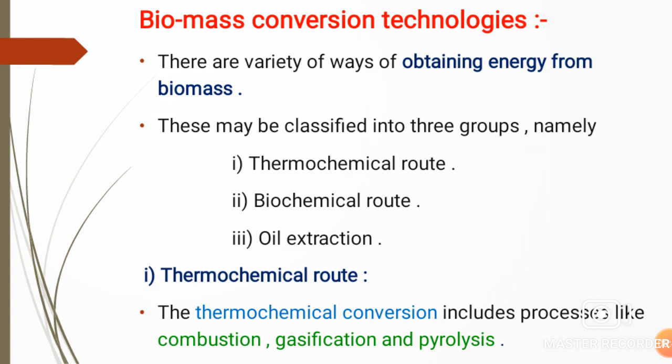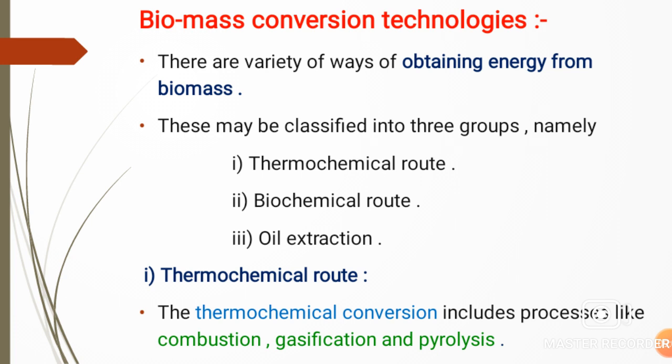There are a variety of ways of obtaining energy from the biomass. These may be classified into three groups, namely first is the thermochemical route, second is the biochemical route, third is the oil extraction. With the help of these we can convert biomass into a suitable form of energy.